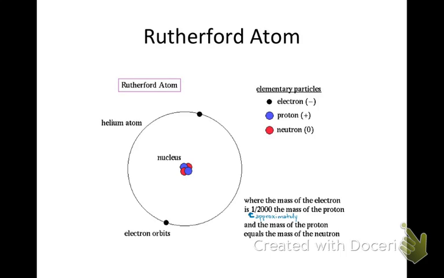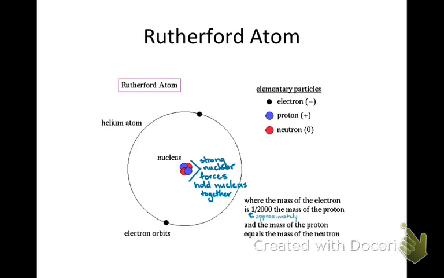Protons and neutrons, we now know, are held together by something called strong nuclear forces. And then the electrons are located outside of the nucleus, and we now consider them a part of an electron cloud, not an orbit like we think of the planetary orbits.